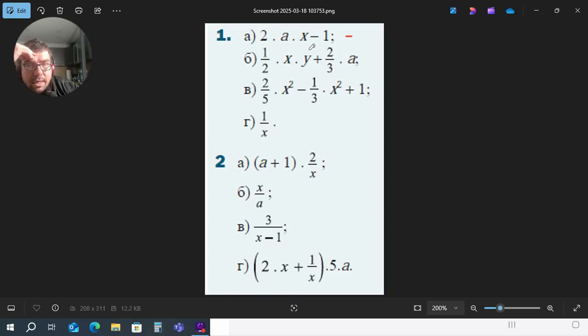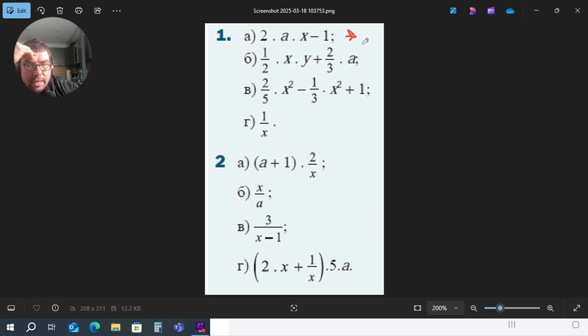This exercise asks us to indicate whether the given expressions are whole expressions or not. The first one, is it a whole expression? When we ask for whole expressions, we want to know, is there a variable in the denominator?